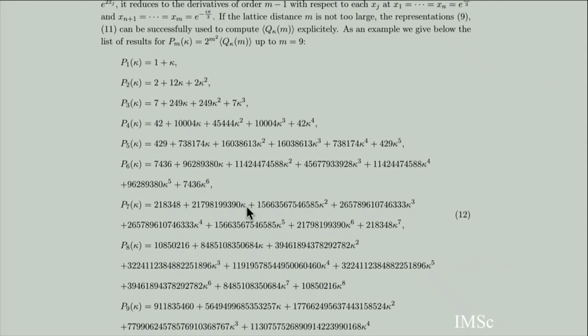If you look carefully, you have some polynomials with integer coefficients. If you look at the first coefficients, you see 1, 2, 7, 42. If you look at the last coefficients, you have also the same. So on both sides of this polynomial, you have the number of alternating sign matrices.